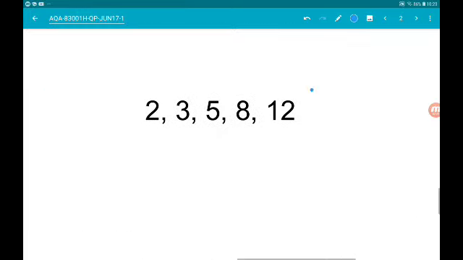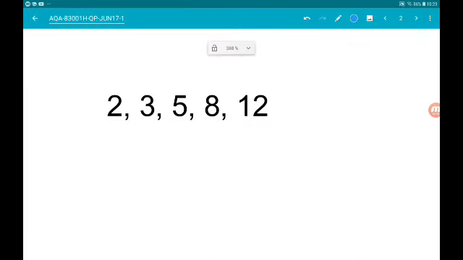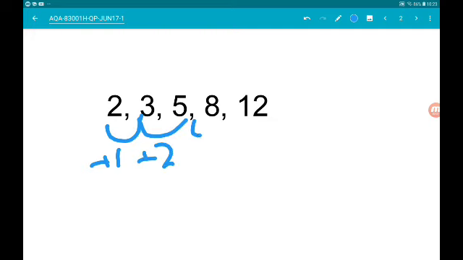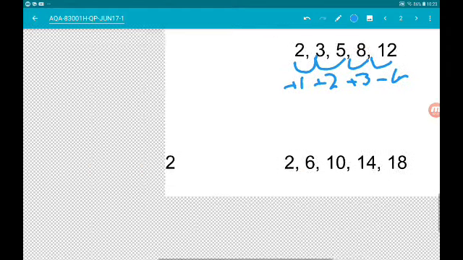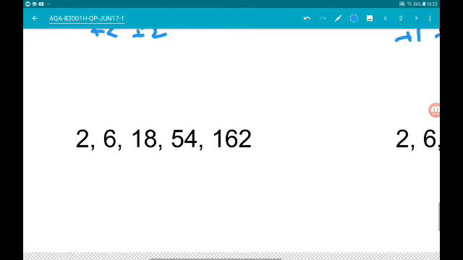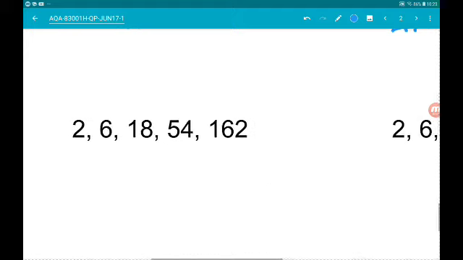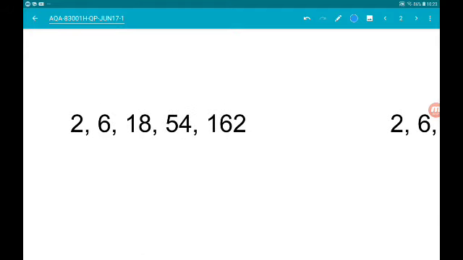The top right, 2, 3, 5, 8, 12. Well, we're adding 1, then we're adding 2, then we're adding 3, then we're adding 4. The differences are changing. That's a quadratic sequence. Bottom left, 2, 6, 18, 54, 162.